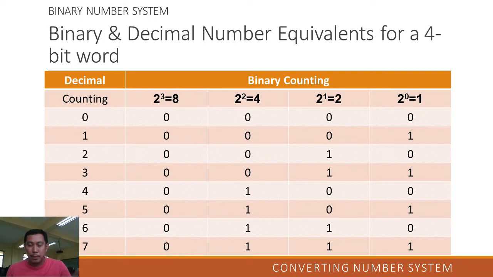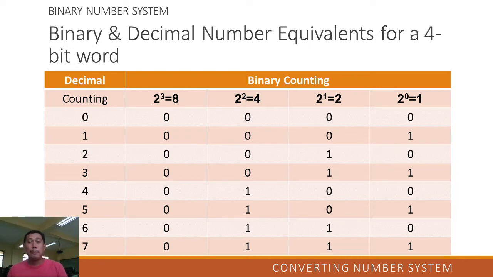Now, let's compare the difference between counting binary and counting decimal. So in this table here, we have counting decimal. As I have told you earlier, in the decimal number system, we count from 0, followed by 1, followed by 2, followed by 3, followed by 4, followed by 5, and so on and so forth.